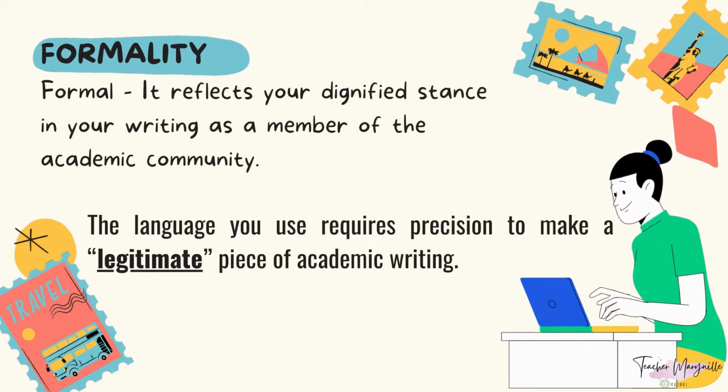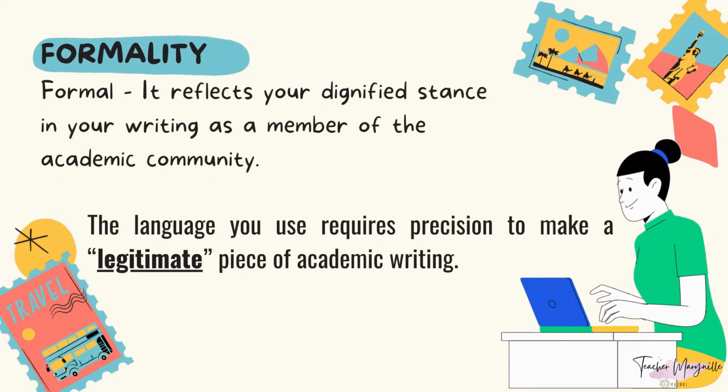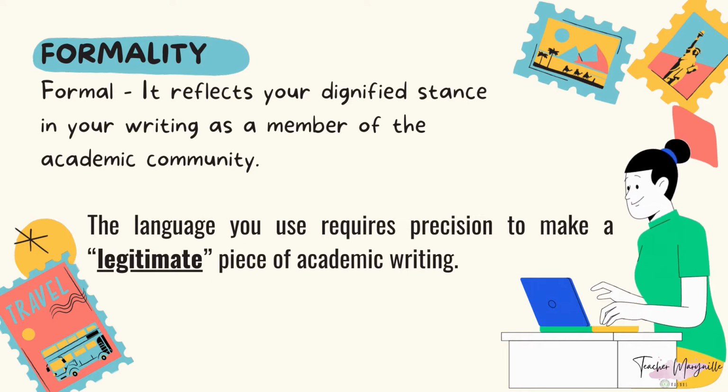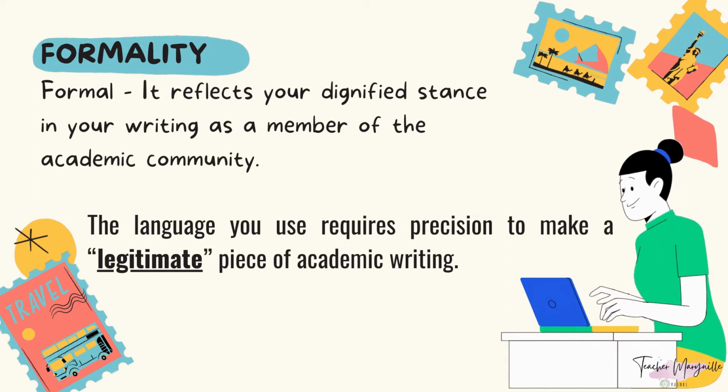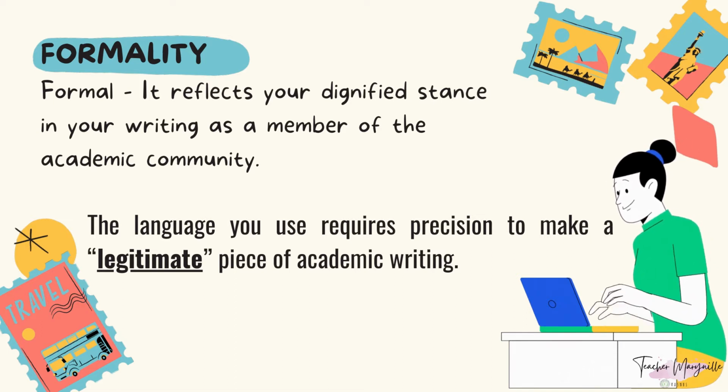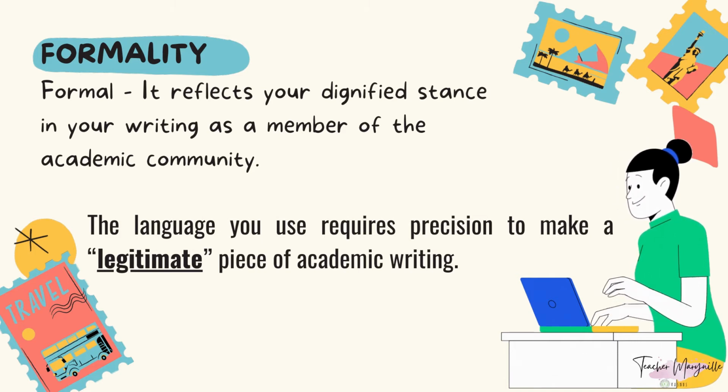The first feature of language use in academic writing is formality. Formality reflects your dignified stance in your writing as a member of the academic community. When you mean dignified, it means that it is composed of serious manner that is worthy of respect.